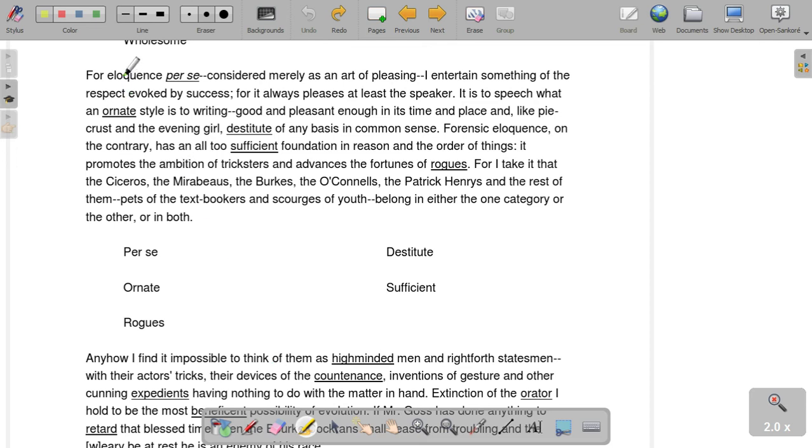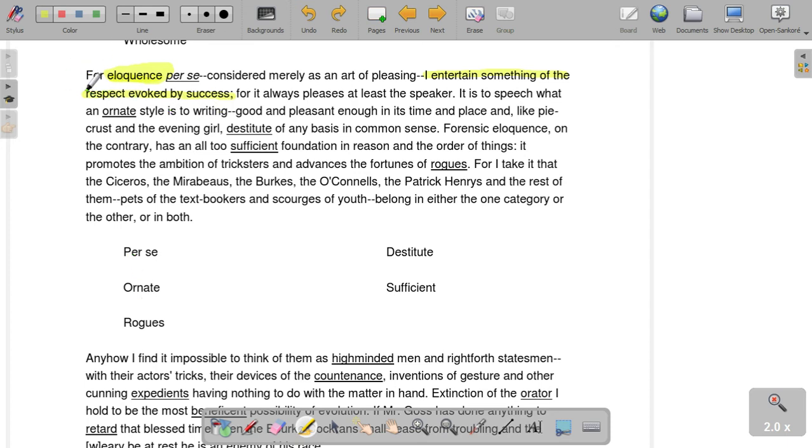He's saying eloquence, per se, considered merely as an art of pleasing, I entertain something of the respect evoked by success. So here he's saying the benefits of eloquence are what? What is the benefit of eloquence, does he say? Respect, some success. Yeah, it has some success, rather.